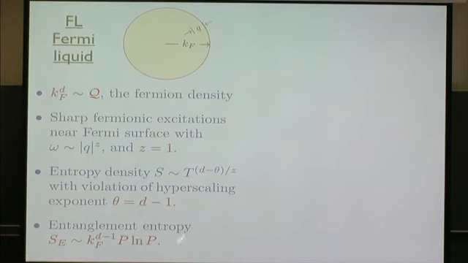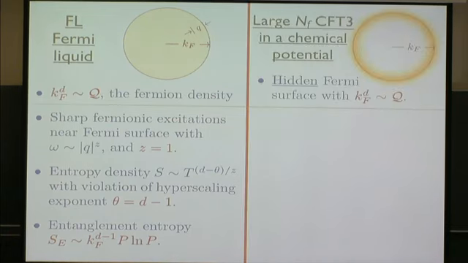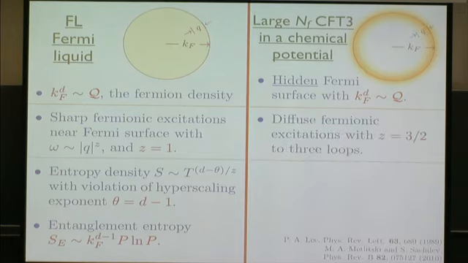And then the entanglement entropy is known to have a violation of the area law. Here P is the boundary area, or the perimeter in 2 dimensions, of the entangling region. And this violation of the area law is believed to be rather unique to systems with Fermi surfaces. On the other hand, what we're interested in are Fermi surfaces coupled to a gauge field, and as I emphasized, that means this Fermi surface is not directly visible.